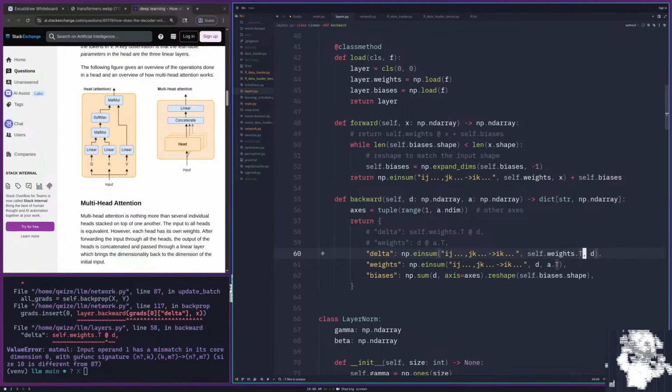And then if I wanted to get rid of the transpose, I could just do ji here. So let's do that. And then here I do kj.